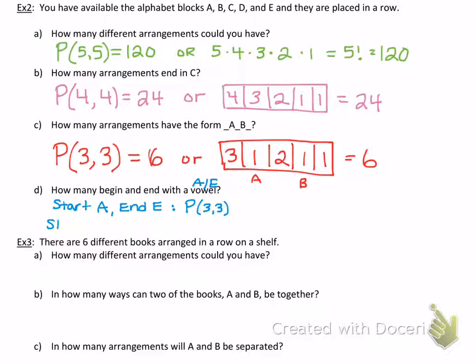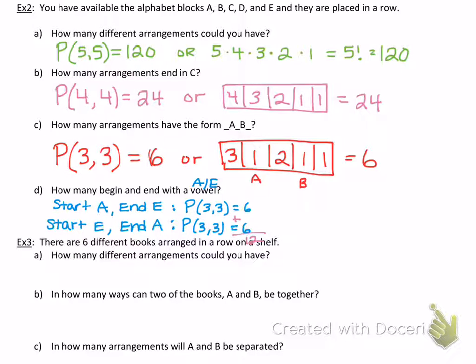But we also have another option, because we could start with E and we could end with A. And this is the same scenario. 2 spots are taken up, but 3 spots left. And these are both valid. So both of these permutations equal 6. And since these are both possible, what we need to do is add them together. So our answer for this one is 12.